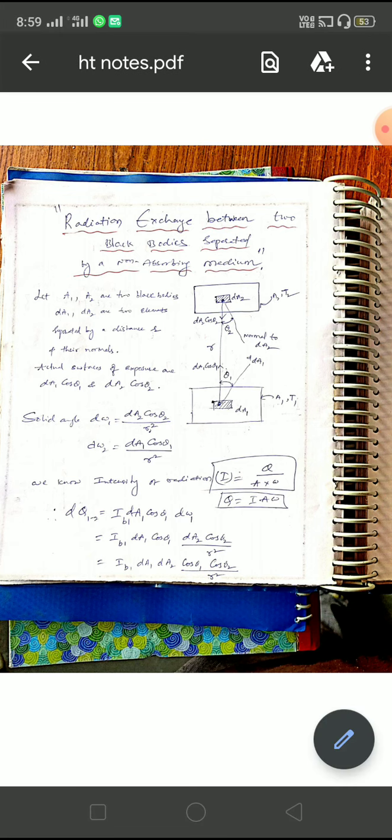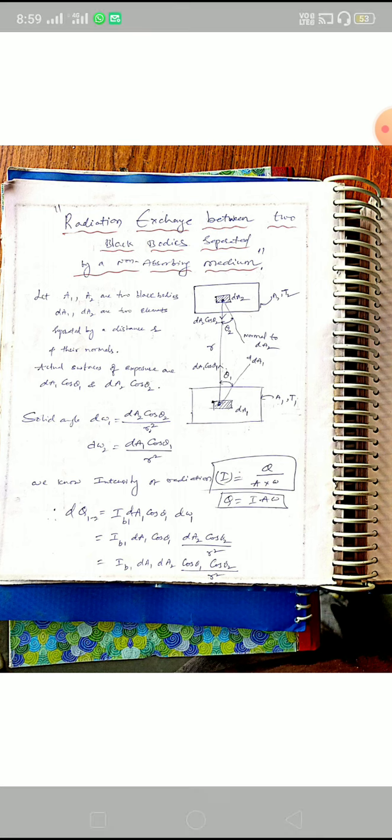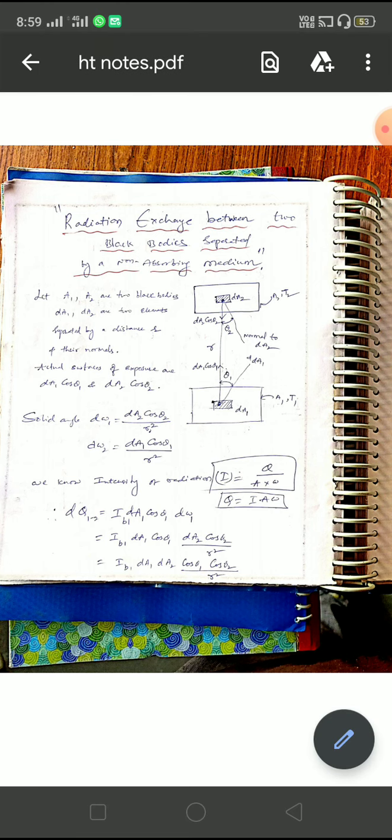So we have dA1, dA2, A1, A2, and surface A1 is at temperature T1, A2 is at T2. The distance between them is r. dA1, dA2 are normal areas, and the angles are theta 1 and theta 2. Again we need to determine the solid angles d omega 1 and d omega 2: dA2 cos theta 2 by r square, dA1 cos theta 1 by r square.